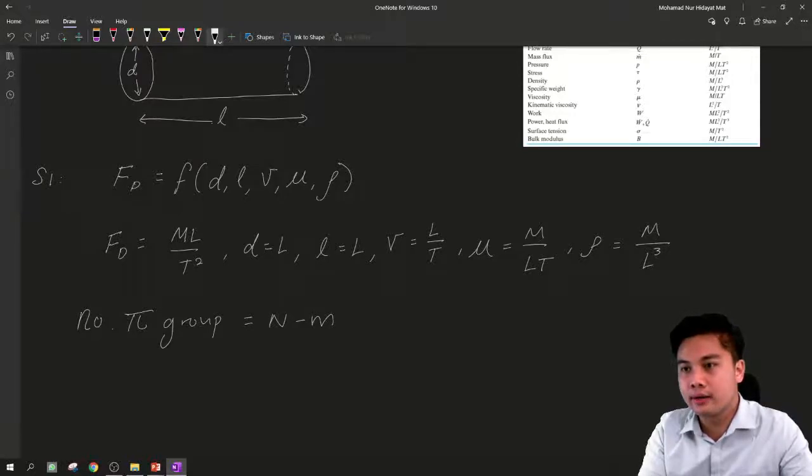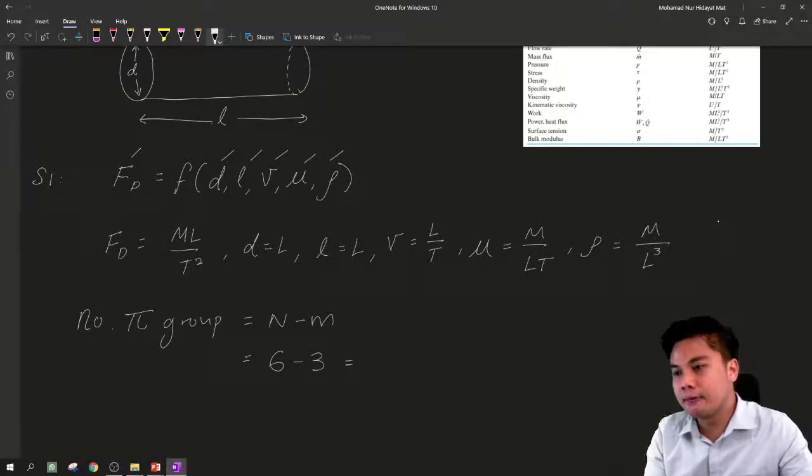We have 1, 2, 3, 4, 5, and 6, so 6 variables, minus M. M is the number of dimension units that we use: M, L, and T only, we don't have any other symbol. So 6 minus 3 gives 3 pi terms, in other words pi 1, pi 2, and pi 3.